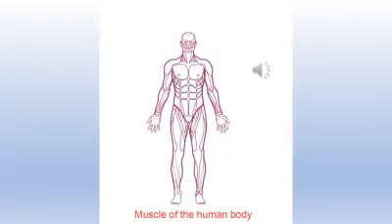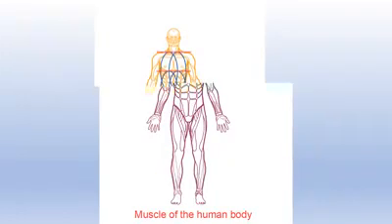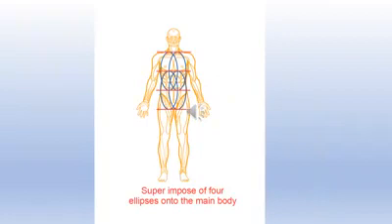I use the muscle system to indicate the body surface because muscle you can identify clearly. I spent a few hours to sketch out this muscle schematic drawing of the body. From here we can easily identify where the locality is on the body surface. Now we superimpose the four ellipses onto the main body, and you can see it meshes very well with the body.